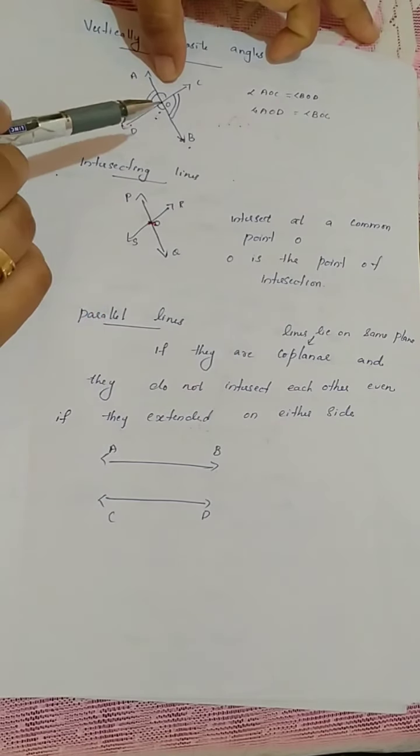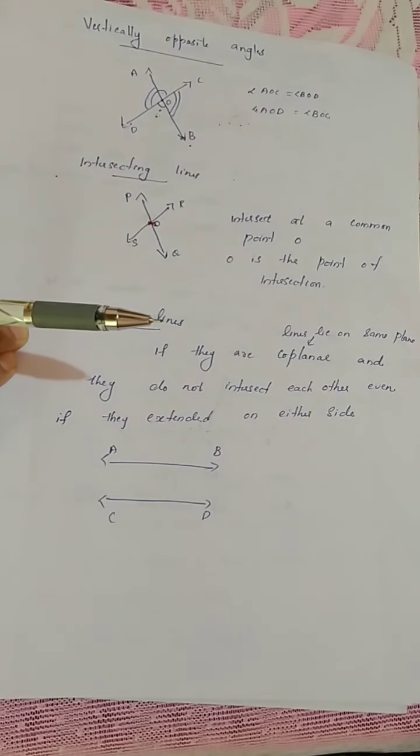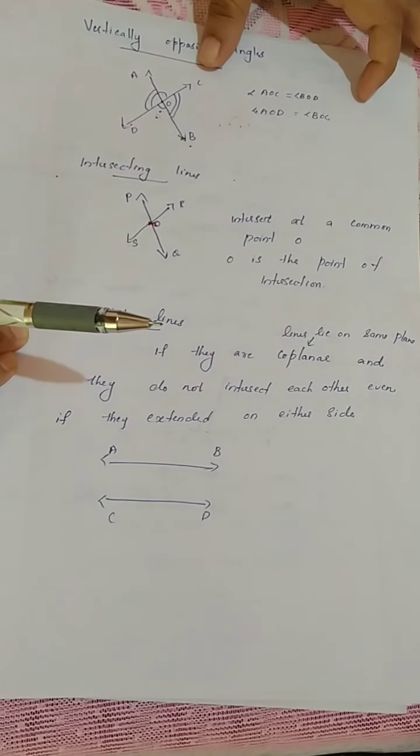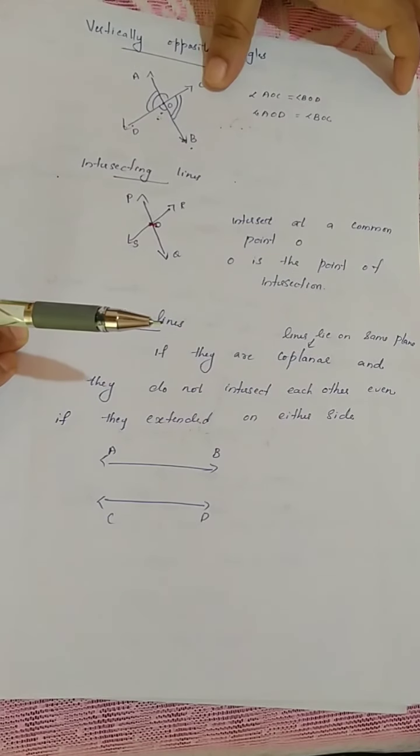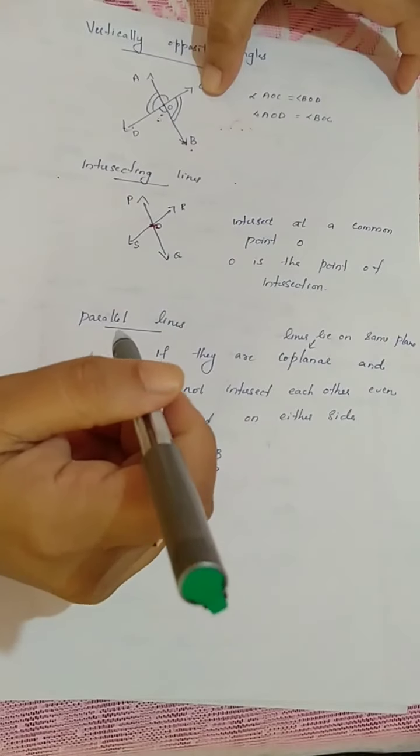Next is intersecting lines. When two lines having a common point are called intersecting lines.